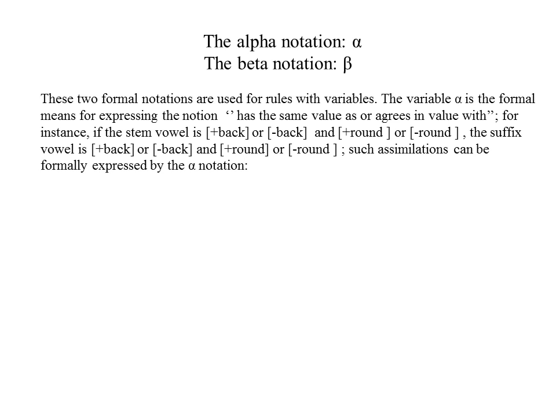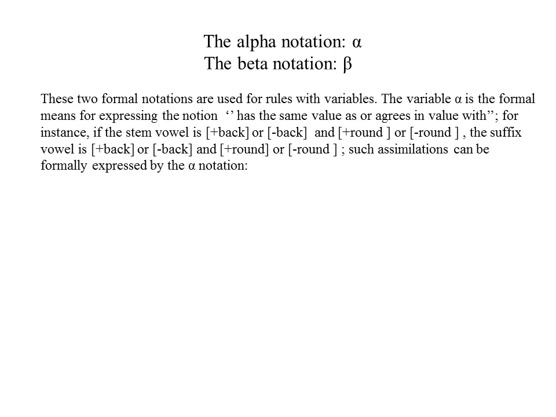These two formal notations are used for rules with variables, that is to say, we have different features that encode or indicate the change that the sound in question undergoes.